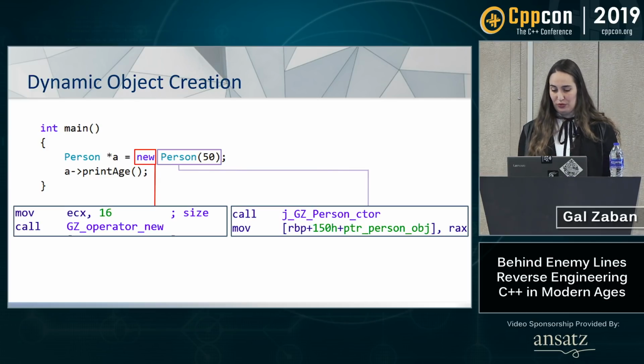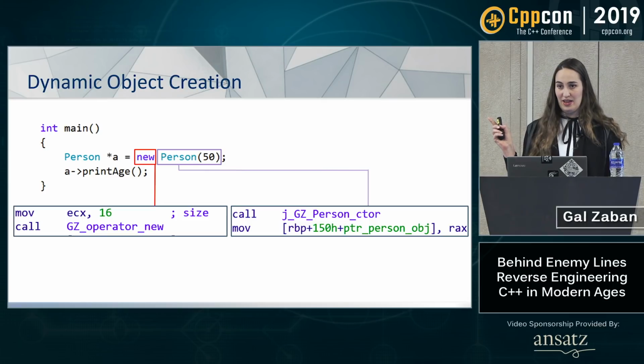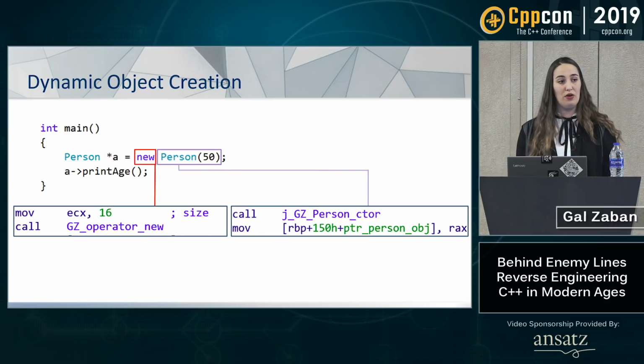So IDA, the disassembler tool we use, adds J at the beginning of functions that just call other functions. But what you can see here is that there is a function call to the constructor of Person, and the value stored in RAX, the return value of this constructor, is being passed to a local variable.